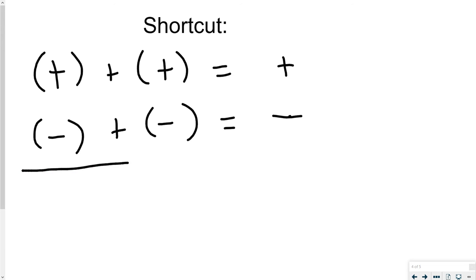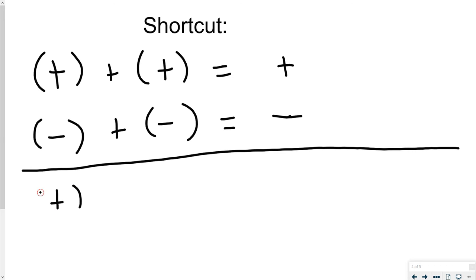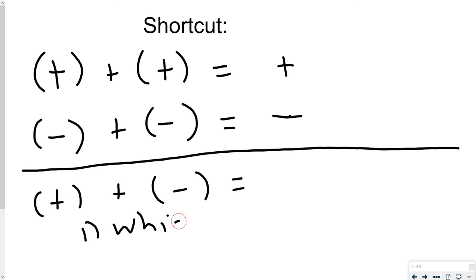The trick comes when you have a gain and a loss, right? And we talked about this last week. So what it is: which one is bigger?